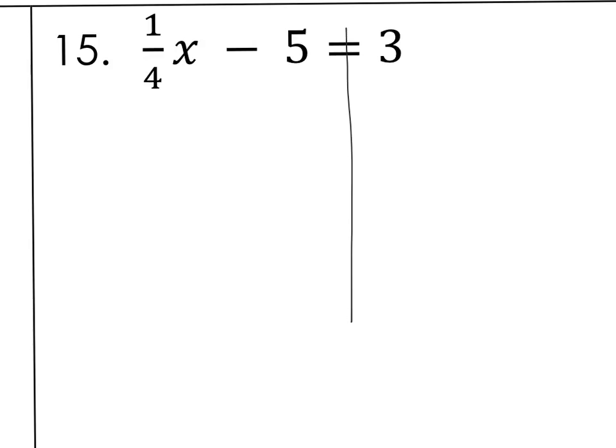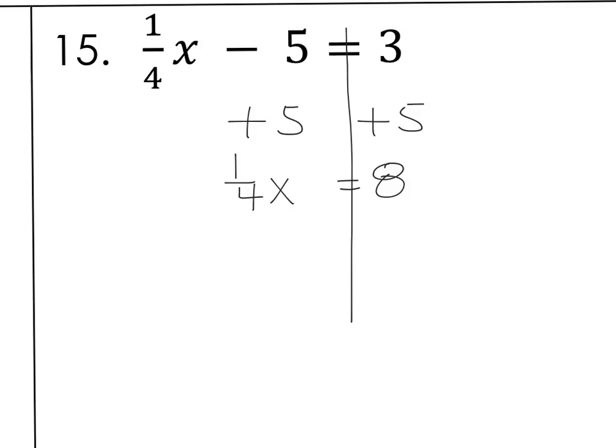Okay. Again, we're trying to start to get the variable by itself on the left. I'm going to start peeling things away, so I'm going to add my 5, which means I have 1/4 x equals 8. Now, you all came up with a fancy word to get rid of that 1/4.